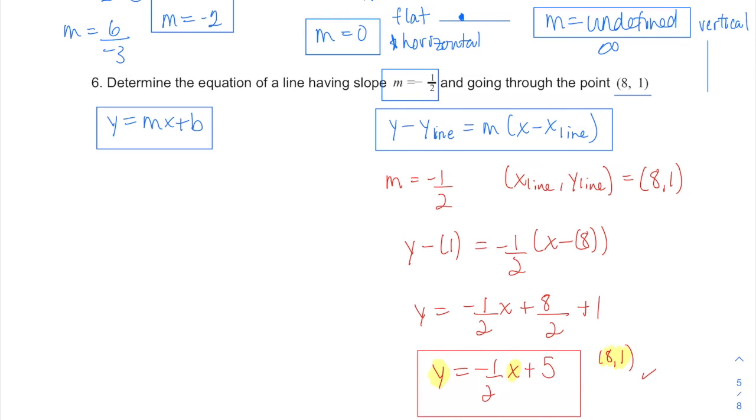Okay, so let's go back to this other method, y equals mx plus b. And what we would do is we would also sub in that the slope is 1/2. Okay, and then we're going to sub in 8, 1 for a point on the line. So I've got 1. And what we're doing here is we're solving for b.